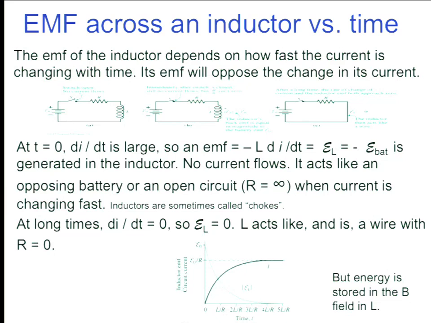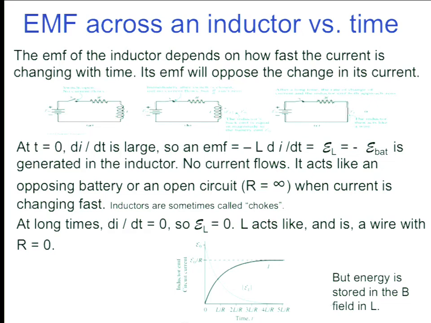So the voltage on the capacitor at T equals 0 must be 0, because there's no charge on it yet. Interesting. But as the current flows, charge will go onto the capacitor, so it rises up, and eventually it reaches some level appropriate to the voltage on it.